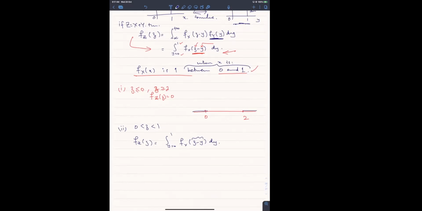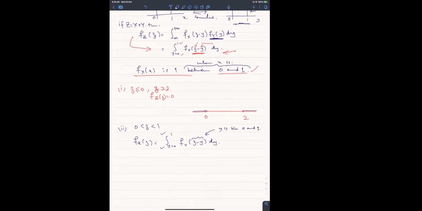So z minus y falls between 0 and 1. This will cause fX of z minus y to be equal to 1. This is only when y is between 0 and z. Okay. So y is between 0 and 1. ये हमें नजर आ रहा है यहाँ पे इंटीग्रेशन की लिमिट से, ठीक है.